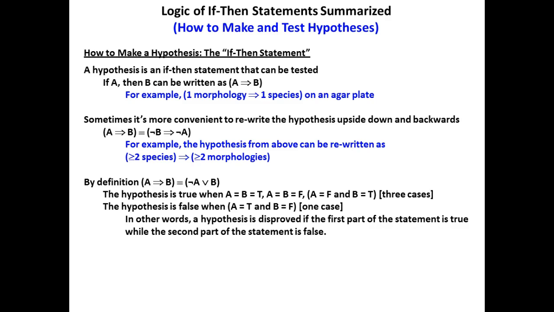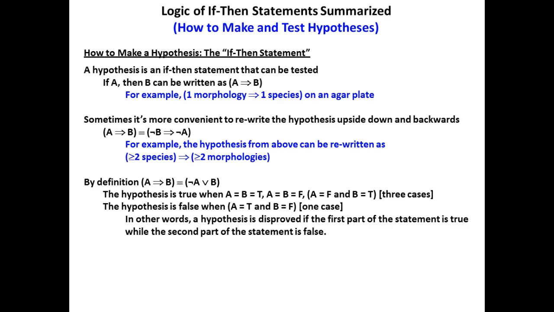In other words, a hypothesis is disproved if the first part of the statement is true while the second part is false. Both sides have to match up. In neither one of these cases do we have a truth: that two species always equals two morphologies, or that one morphology equals just a single species.